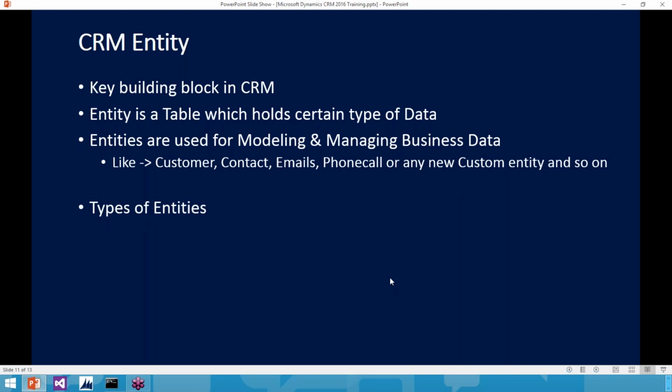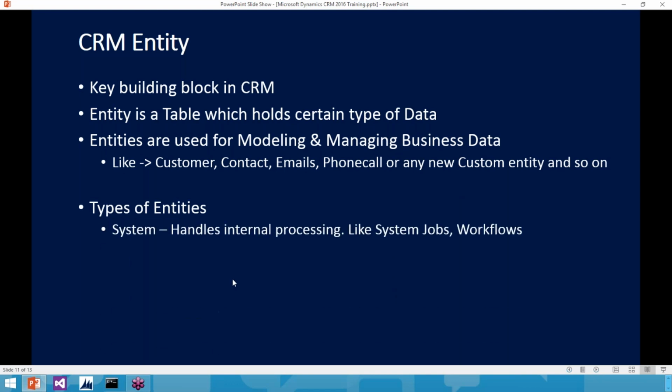So what kind of entities do we have in CRM? We have system entities, where you have no handle on it. Microsoft has at least 50 system entities which are used for business processing purposes.